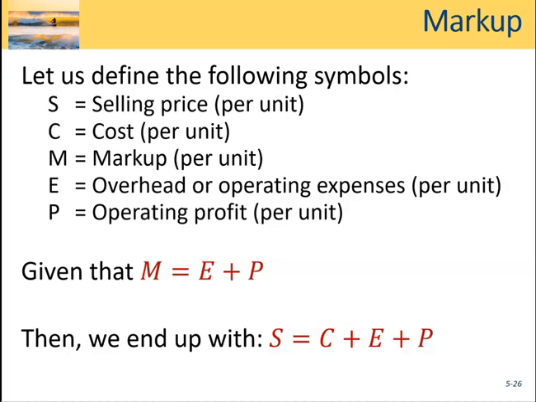So then, to come up with our selling price, it is the cost plus the markup, or the expenses and the profit. So S equals C plus E plus P. Selling price equals cost plus expenses plus profit.